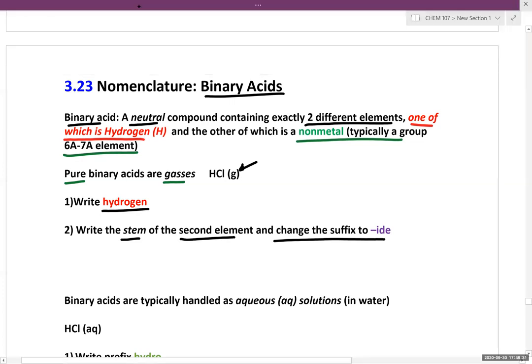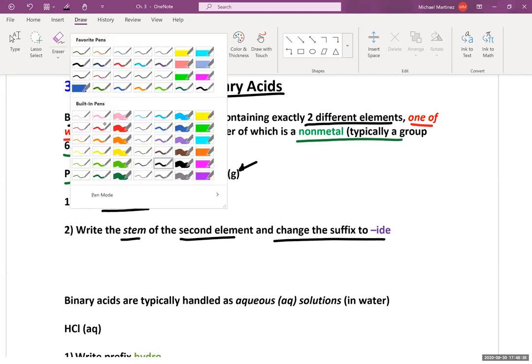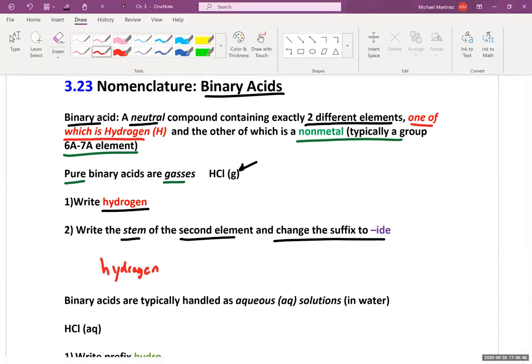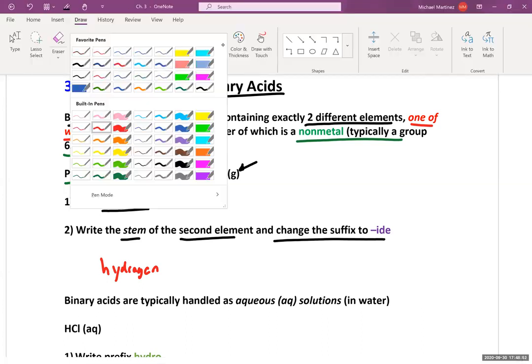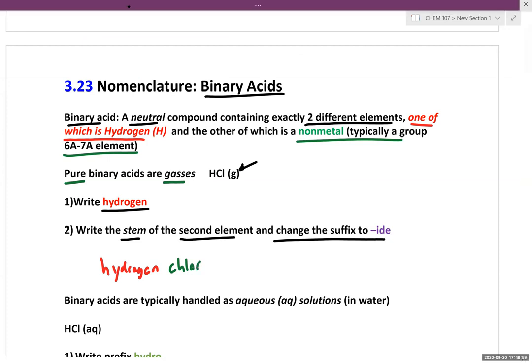So if we're naming HCl gas, for example, we'd write our prefix of hydrogen. And then we'd take the stem of our non-metal, which is chlor, and then we change the ending to IDE.